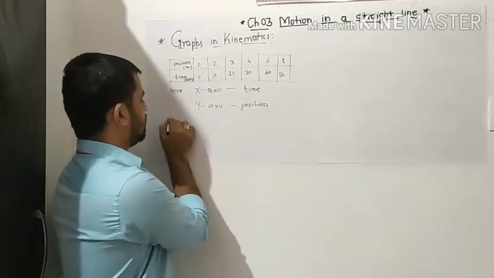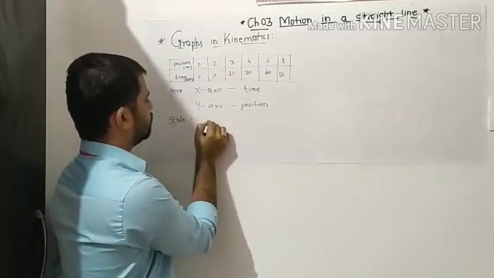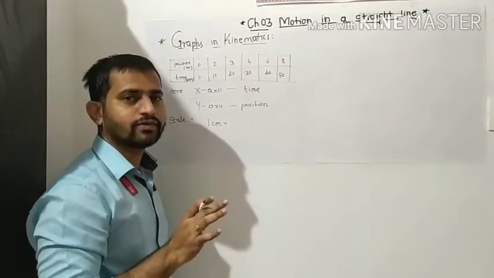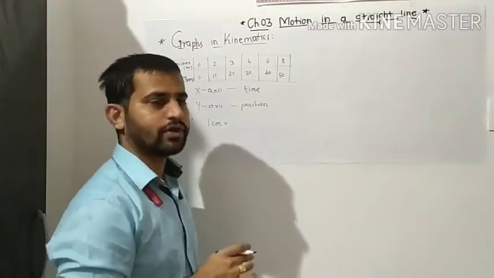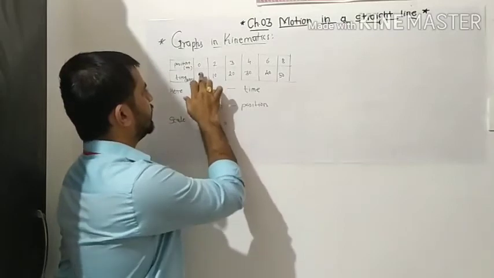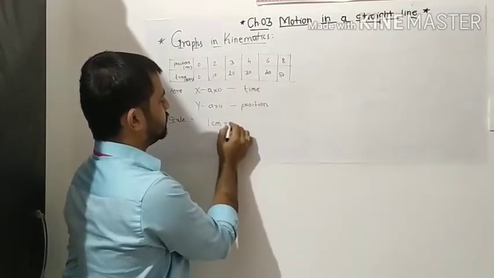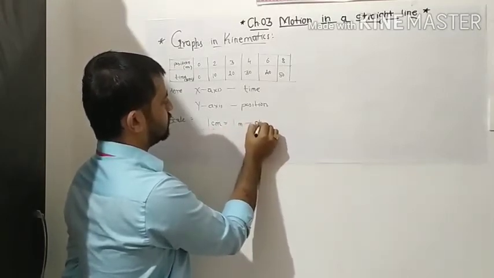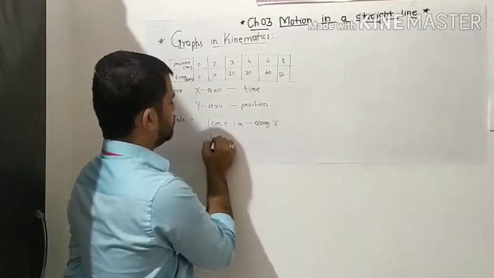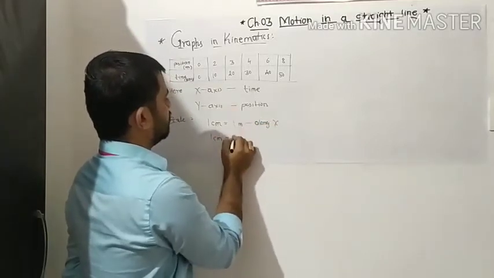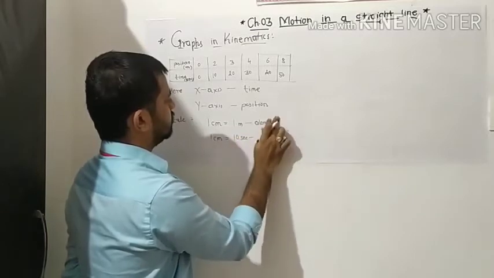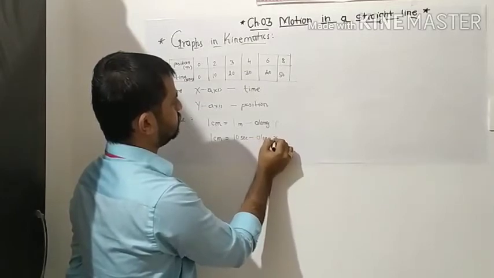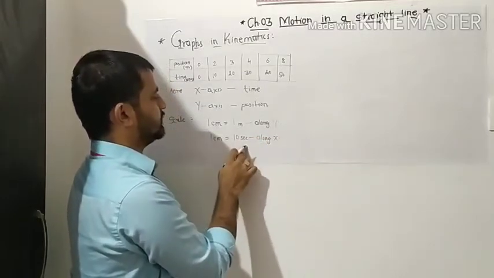Then the scale we can take: you are actually drawing the graph, I am just taking one here for your information. The values are 0, 2, 3, 4, 5, so I can take 1 centimeter is equal to 1 meter along the y-axis, and 1 centimeter is equal to 10 seconds along the x-axis.